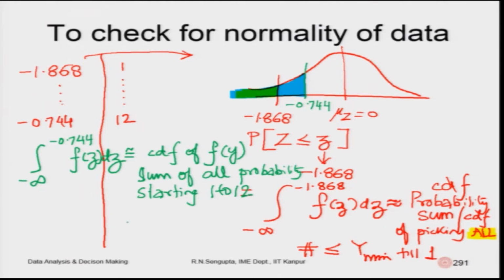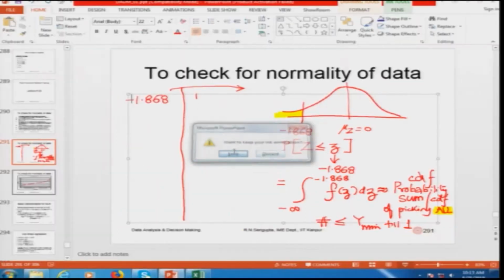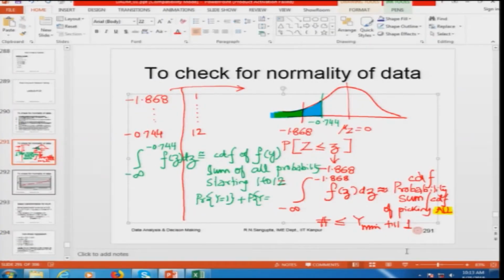So, I will add up all the probabilities. So, probability of y is equal to 1 plus probability y is equal to, what was the next value? Let me check. Was 7, 8, 9, 12. Okay. 7, 8, 9, 12.